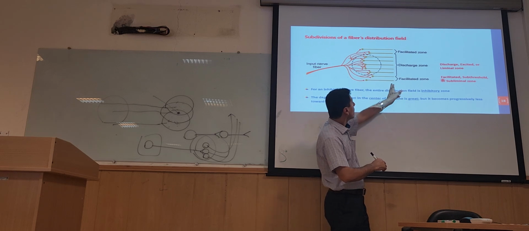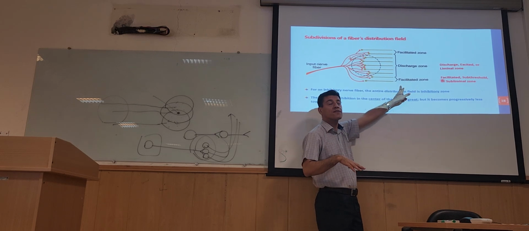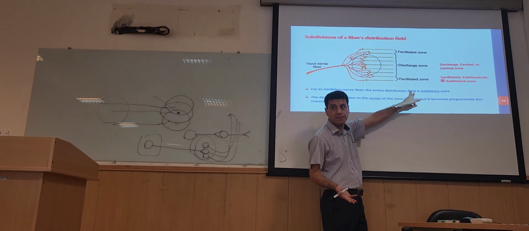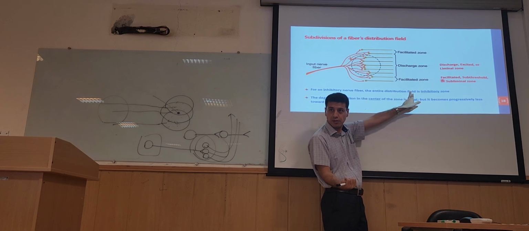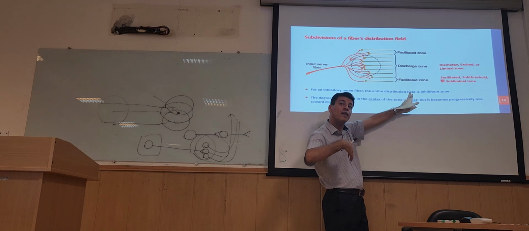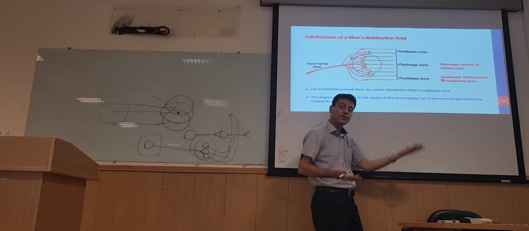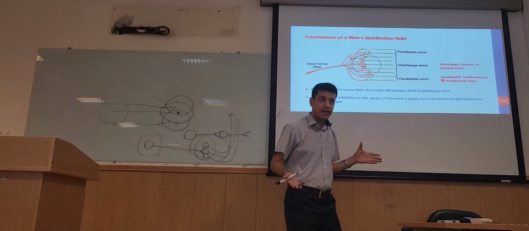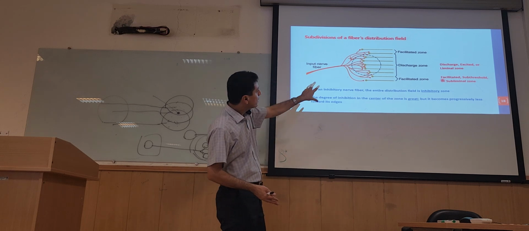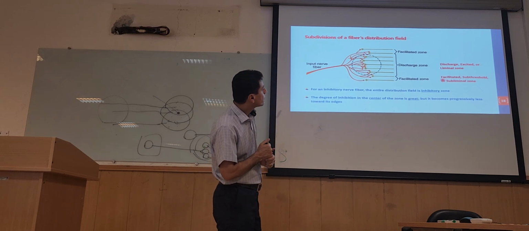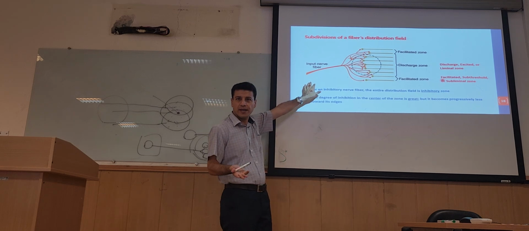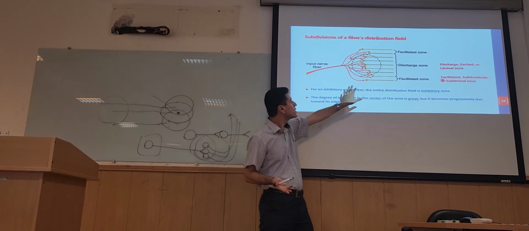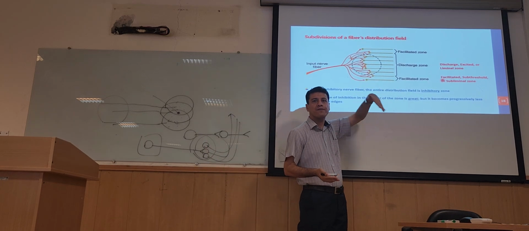The peripheral region is called the facilitated zone. Neurons here receive subthreshold stimulation. They can be activated if they receive other stimulations from other inputs. So, the central region is more sensitive. And if this input fiber is inhibitory, then we don't have a discharge zone and facilitated zone.